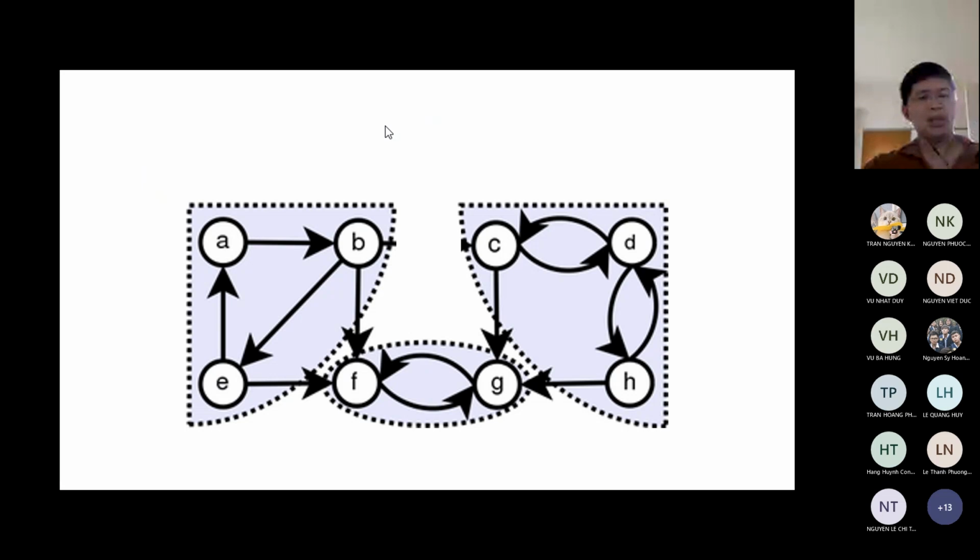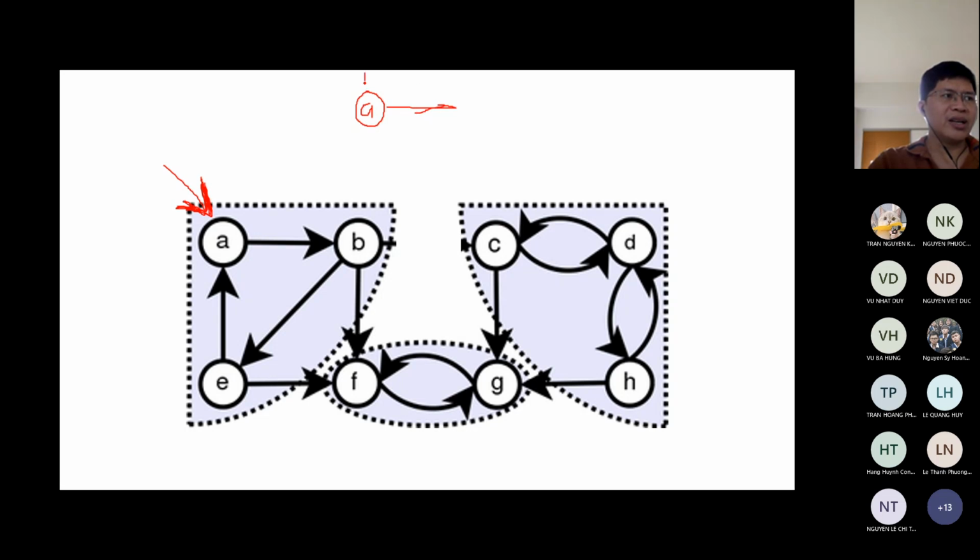Everyone, remember the DFS algorithm. Let's say we start the DFS algorithm here at A, so we go to B.